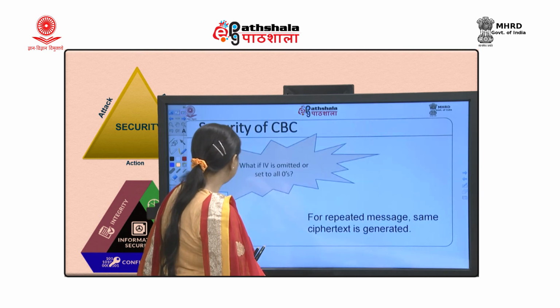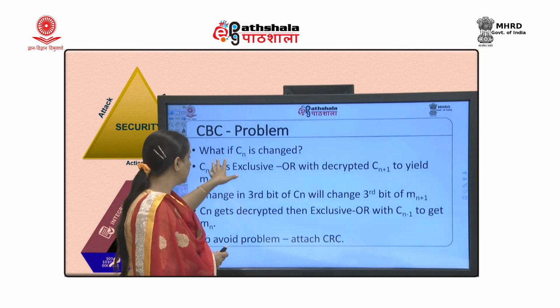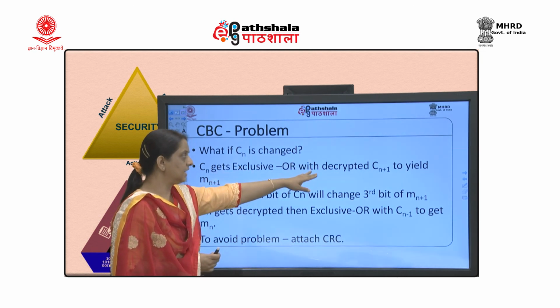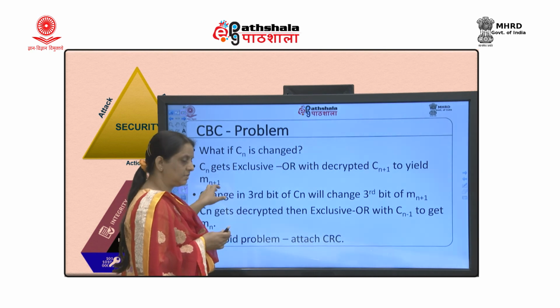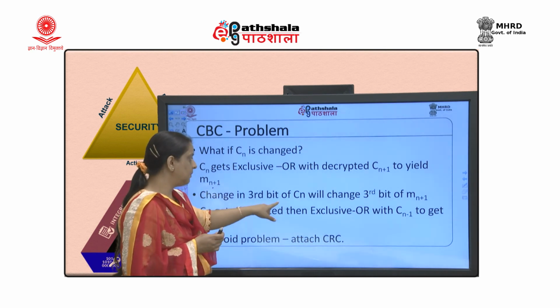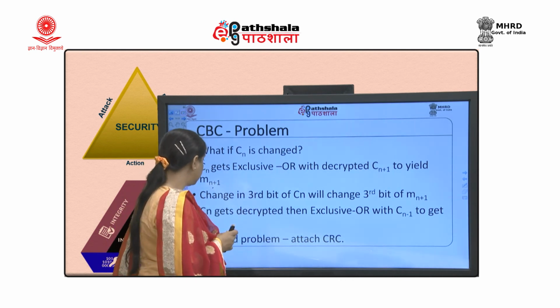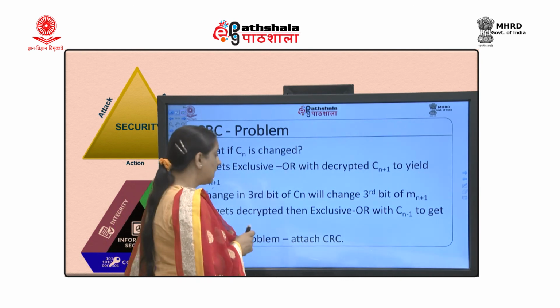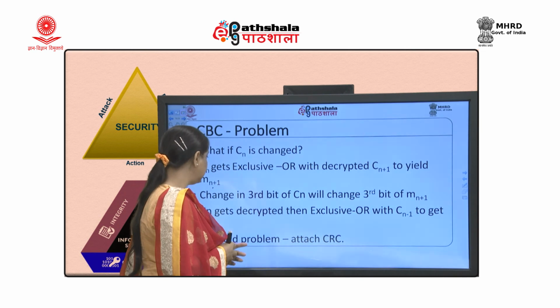So, this is what I am trying to convey here: if Cn is changed, it would change the decrypted Cn plus 1 to yield Mn plus 1. Changing the third bit of Cn will change the third bit of Mn plus 1. Cn is always decrypted with an exclusive OR with Cn minus 1 to get Mn.